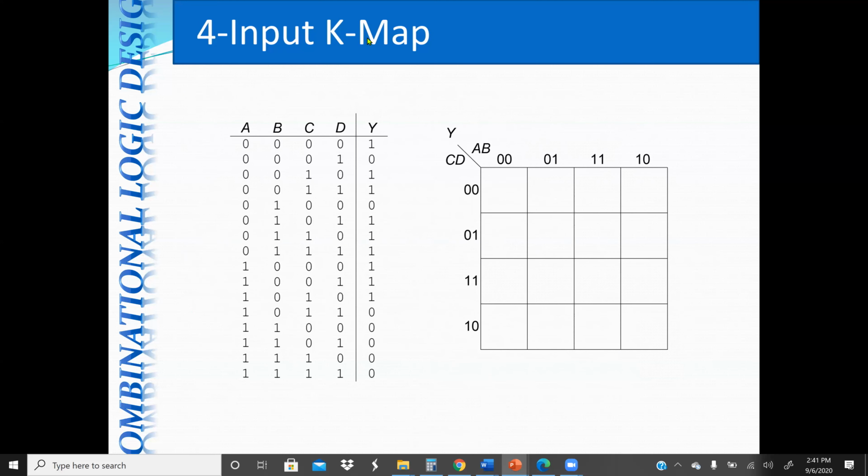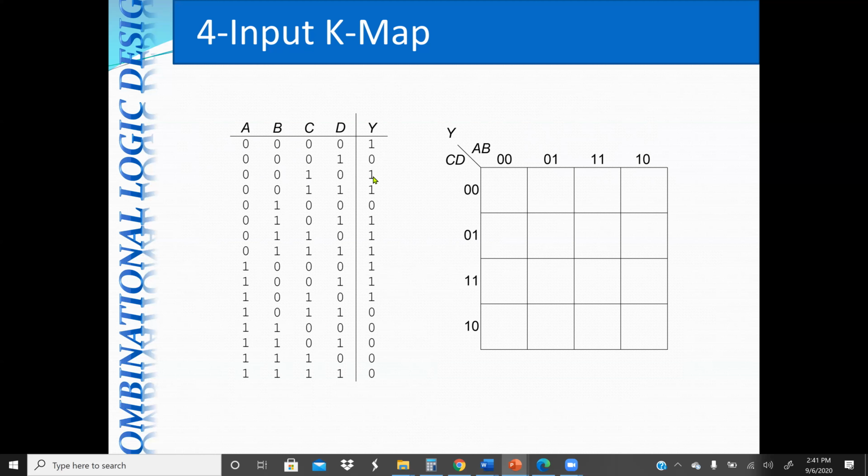So here we have a 4-input K-map. Again, the expression or the diagram was given, and this is what we came up with. As we said, if we have 4 inputs, we need 16 boxes, 4 by 4. Now we have AB at the top, and instead of only C as with 3 inputs, now we have CD. Now we look for the first one, which is 0010, which gives us 1, so we put 1 there.